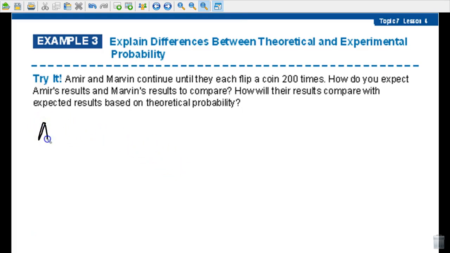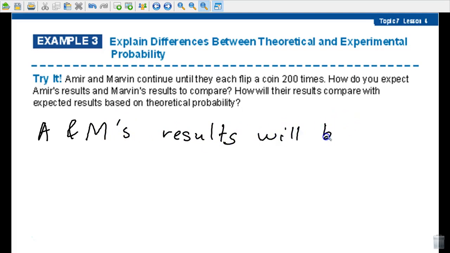Amir's and Marvin's results will be close together. Okay? How will their results compare with expected results based on theoretical probability?